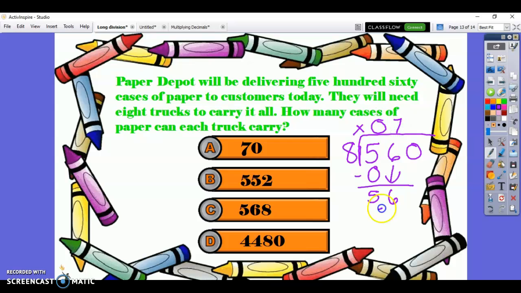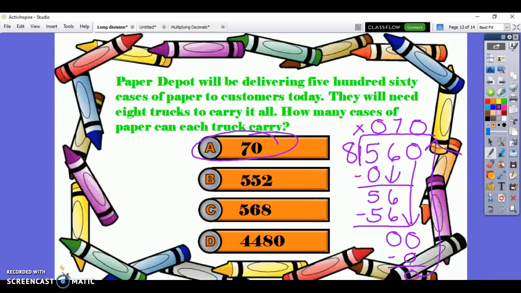So 8 times 7, 56. You should bring that down, drop it, subtract. And then what times 8 gives you 0? Oh, well, that's nice. It's 0. And that's it. We don't have anything else to bring down. So, therefore, our answer is A.